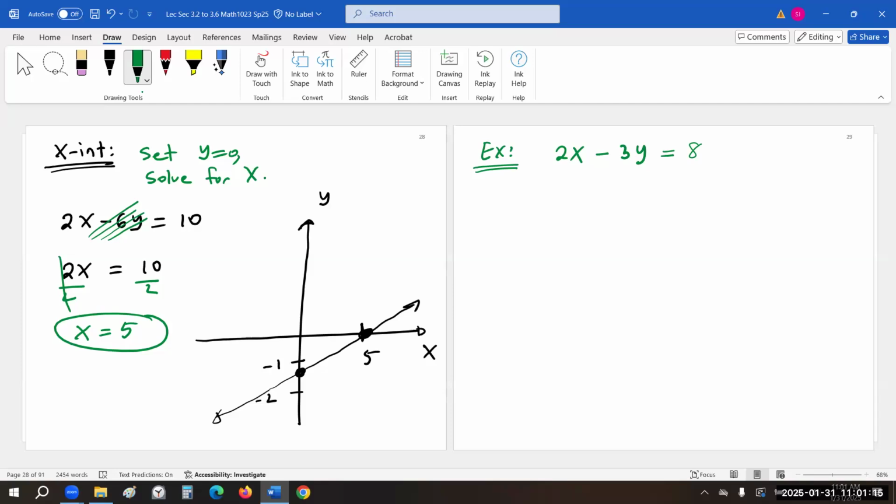So what do you want to find? Everything, or only intercepts, or only slope? Okay, go ahead. Find slope. Slope of this line. And when you do the slope, you'll find the y-intercept automatically.